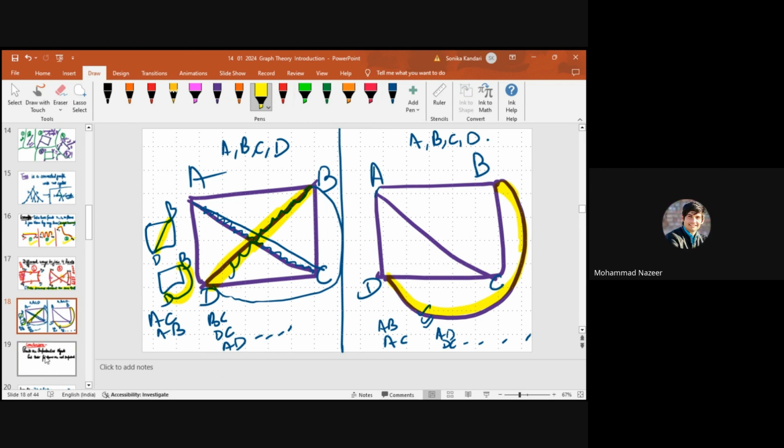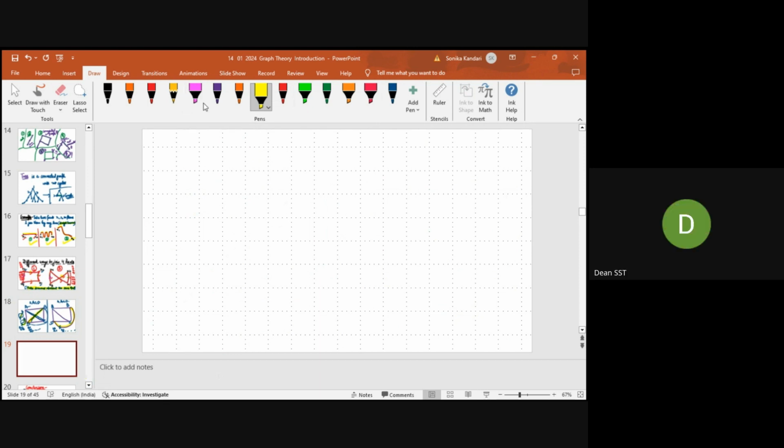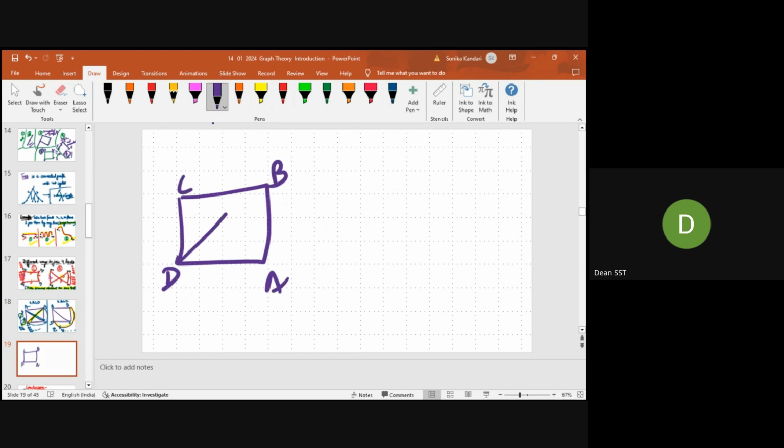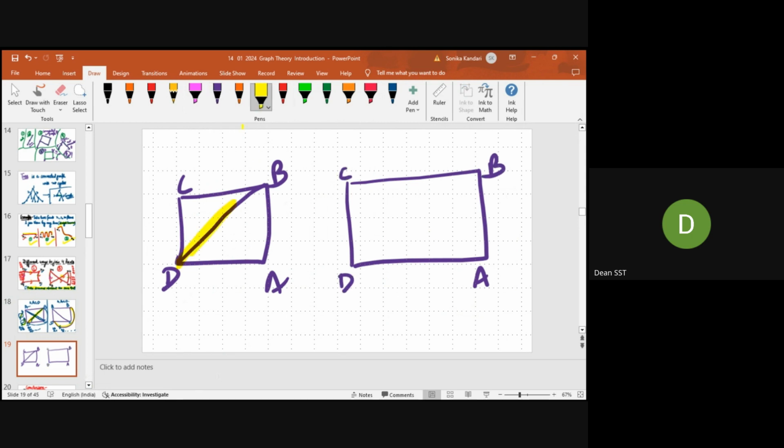Yes, ma'am. Okay, I will draw one more diagram. Suppose this is our diagram A, B, C, D. This is our graph. Fine. And this is the edge BD. Now we may write this graph as A, B, C, D. This BD can be drawn like this.